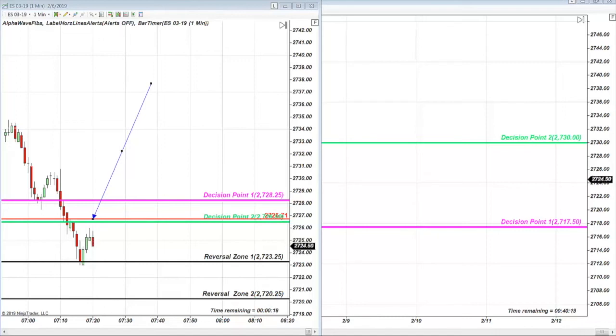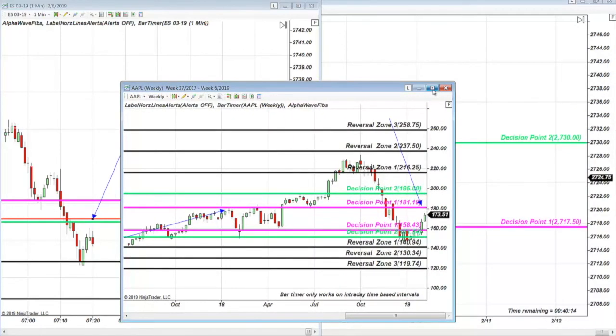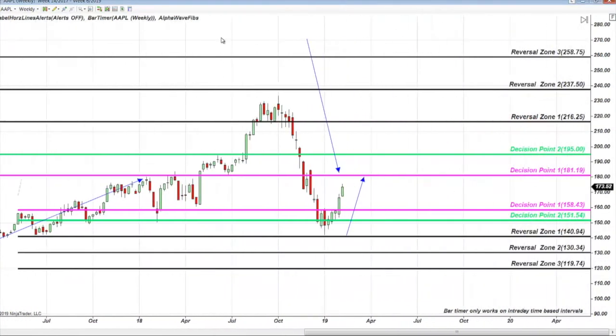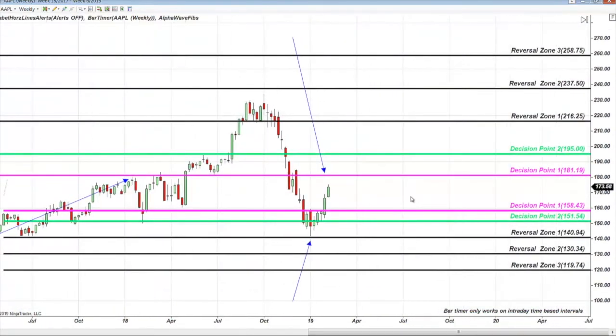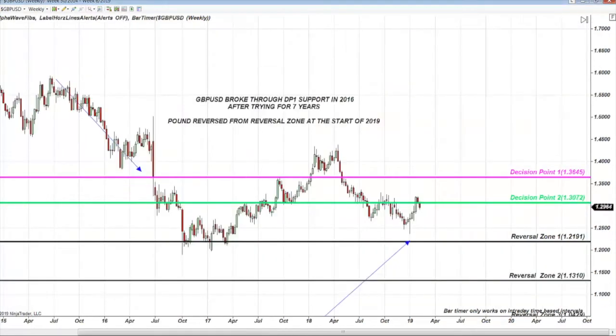And this is what Apple does. Just like S&P. No surprise. Trend inception. Not the place to short into, the place to monitor for reversal. And this is exact same thing Pound does.